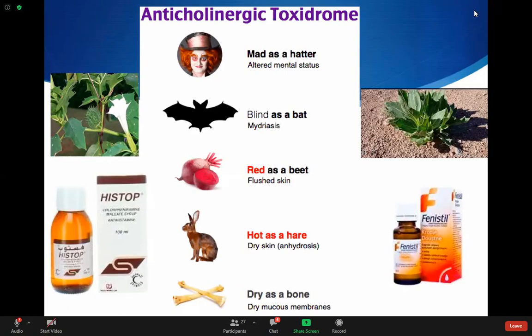They usually come altered, or maybe early on they might not be altered, but they will be tachycardic. They have dilated pupils, that's why they cannot see very well. They have mydriasis, and then they have red, hot, flushed, but dry skin.